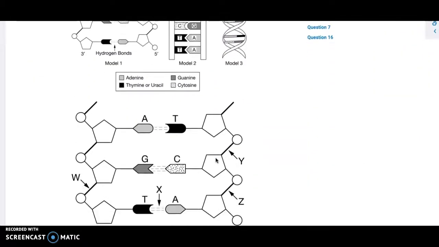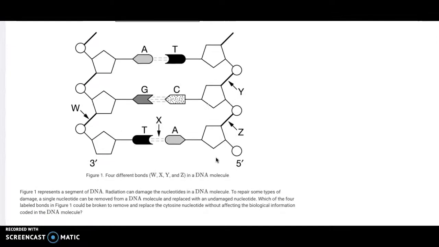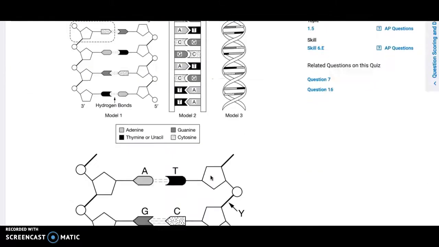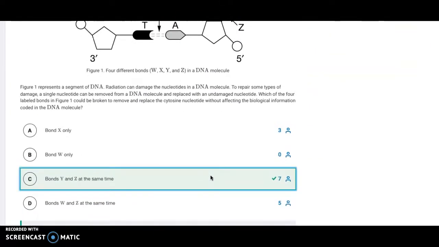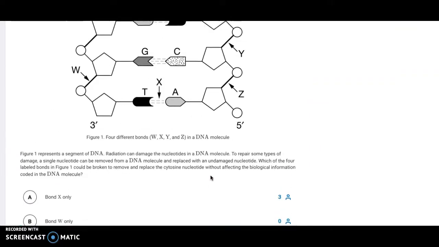Question number 2, we stay with that same molecule, but they add an extra diagram here. So it says 4 different bonds, W, X, Y, and Z in a DNA molecule. This one looks like it was confusing for a lot of you. It may be helpful to make flashcards or to create a foldable template, to do something other than just read it and then reread it and then reread it.